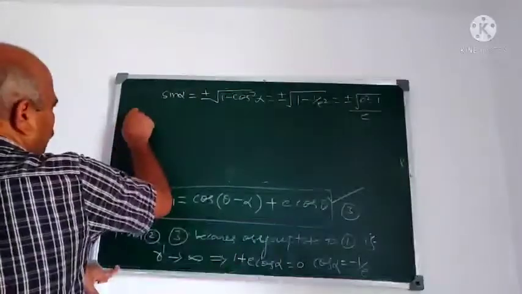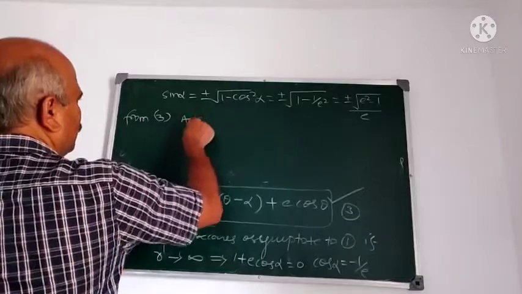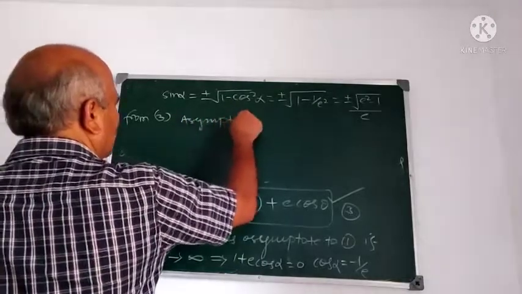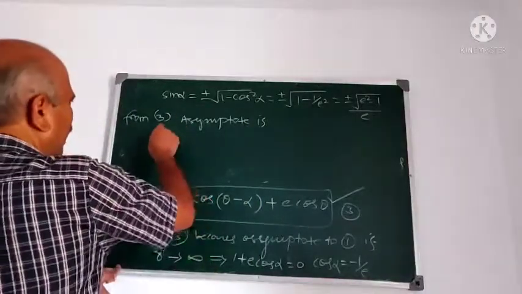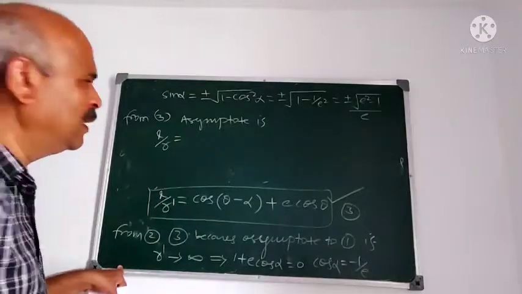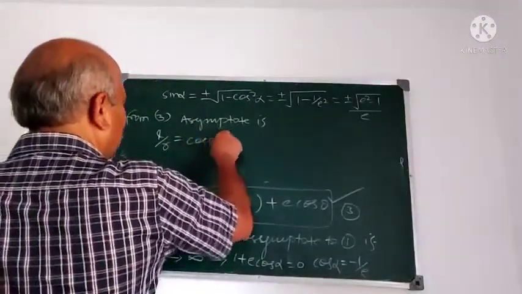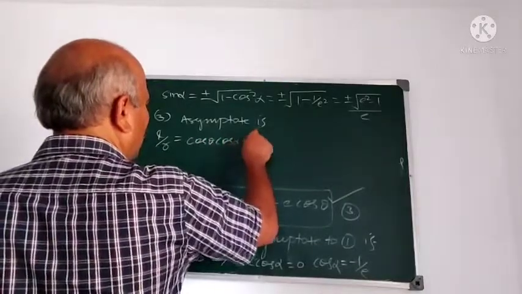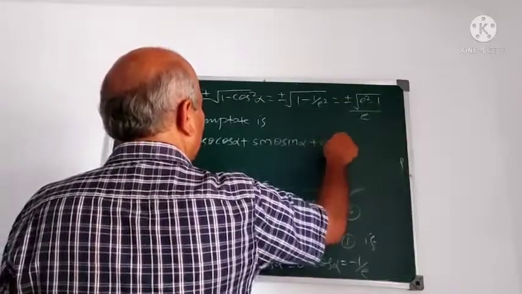Therefore, from 3, the equation of the asymptote is, L by R, now I have replaced R dash by R. Generally it is L by R is cos theta cos alpha minus or plus sin theta sin alpha plus e cos theta.